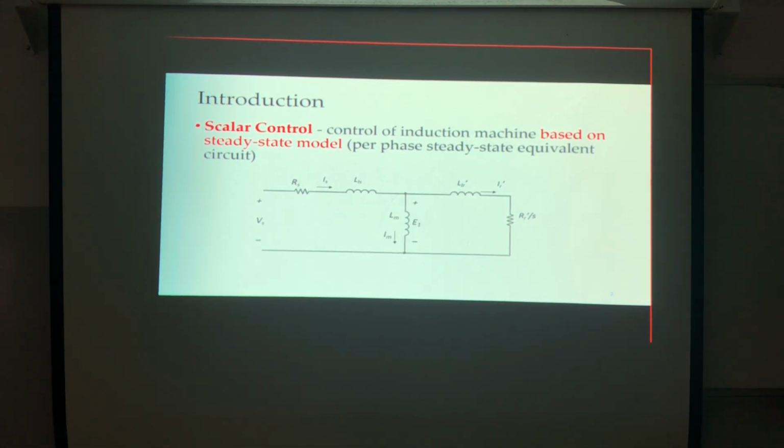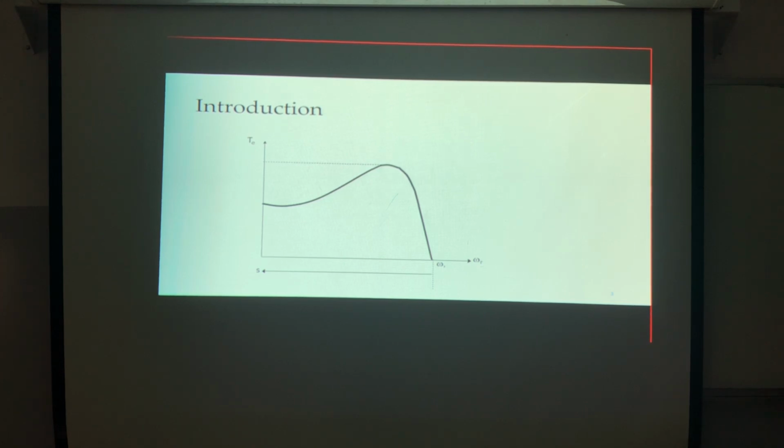So this is the per phase equivalent circuit, and from the information that I can have from the equivalent circuit, I can figure out how I can control the speed. Now this is the plot of the torque speed characteristic.